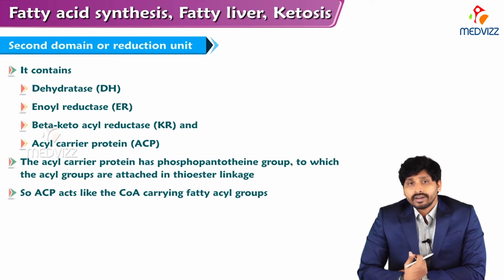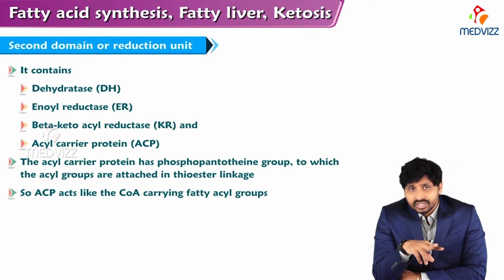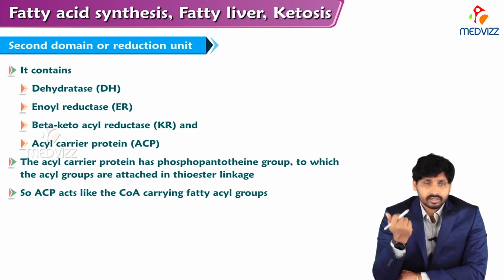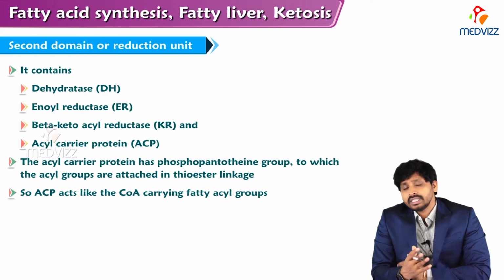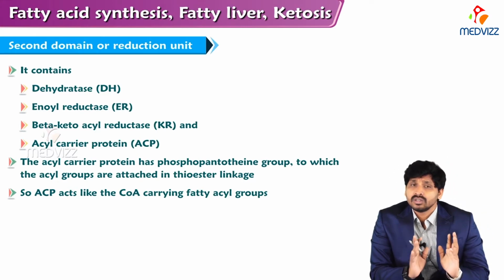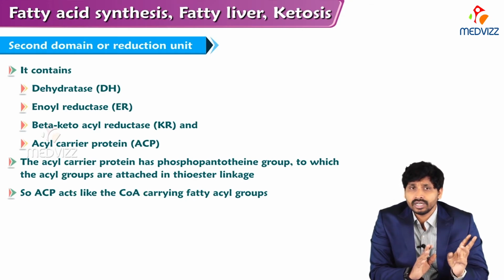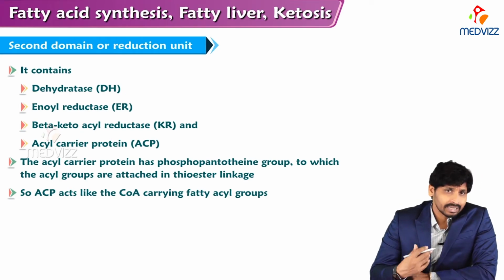Second domain, or reduction unit. The first domain is for condensation, the second domain is for reduction. As we said, 7 enzymes are involved in this multi-enzyme complex. The first 3 are involved in the condensation unit, and the next 4 will be involved in the reduction unit. So what are the enzymes involved in the reduction unit?